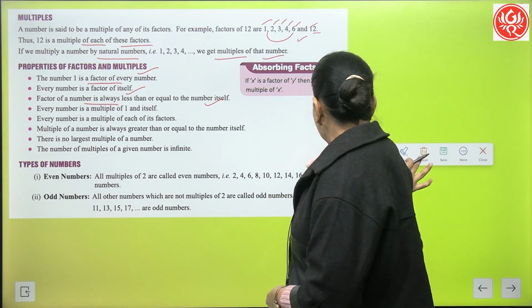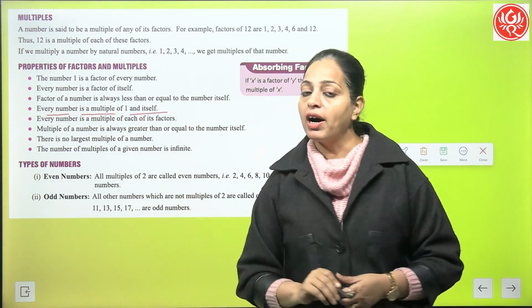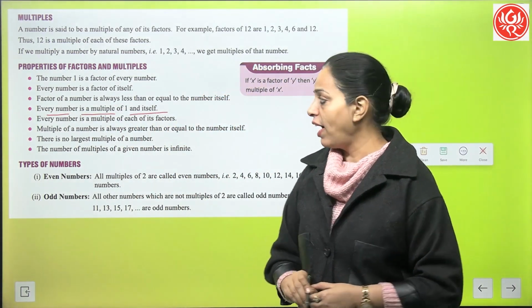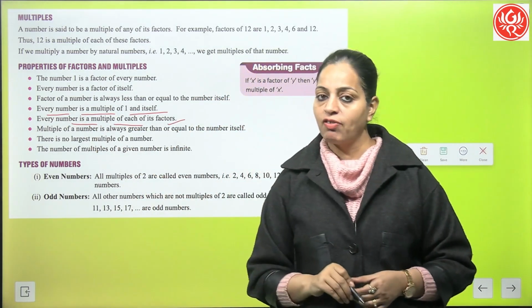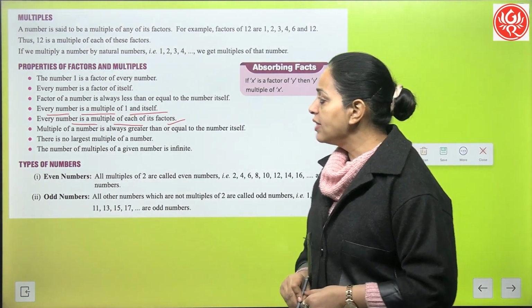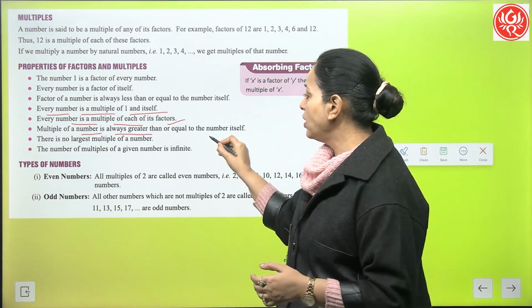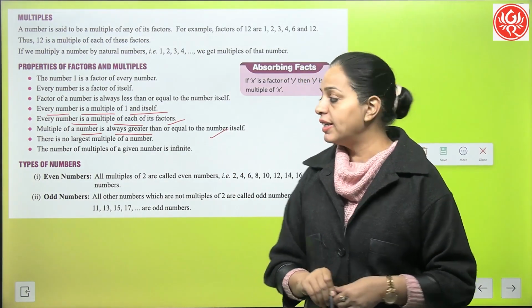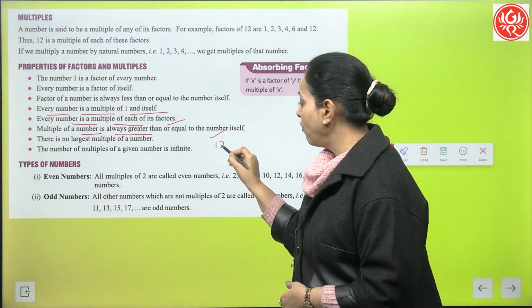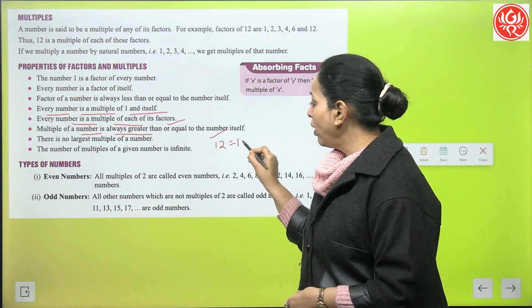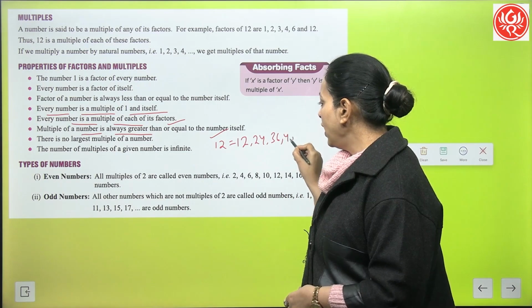Okay. Now the next is every number is a multiple of 1 and itself. Fine. And every number is a multiple of each of its factors. Okay. And a multiple of a number is always greater than or equal to the number itself. जब आप multiples find करते हैं किसी number के, suppose 12 है, what are the multiples of 12? 12, 24, 36, 48.